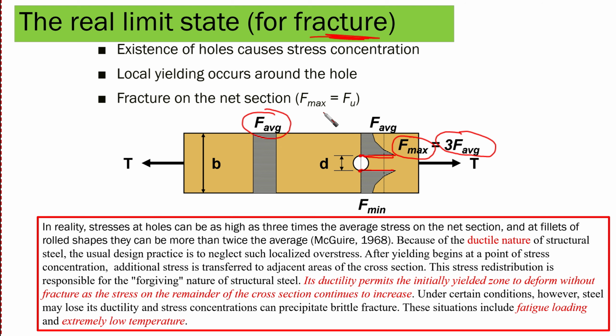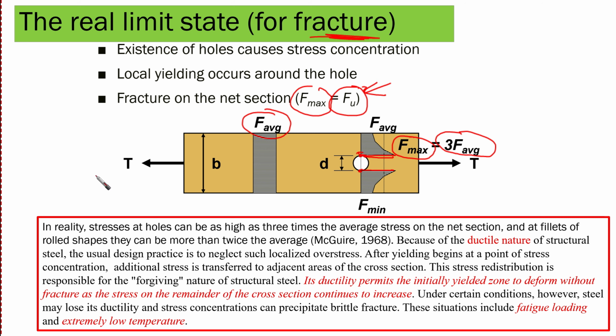Fracture on the net section is going to be F maximum, so we are going to compare it with F ultimate. Here it is going to be brittle failure. Here we are going to experience fracture of the material at the edges. Okay, we're not dealing with yield now.